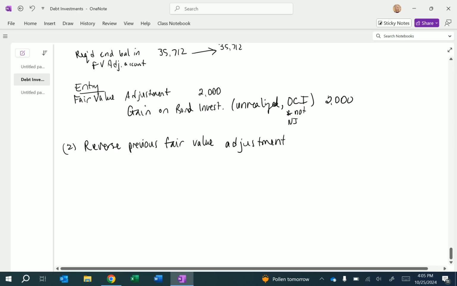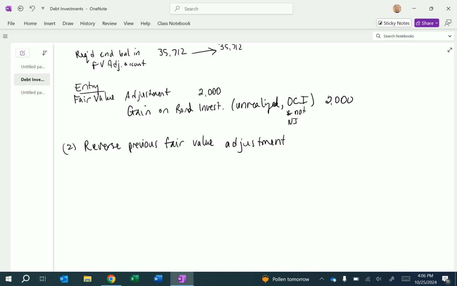Remember, other comprehensive income is just this temporary place to put unrealized gains and losses. Now that we've realized them, we want to take them out of other comprehensive income. The total amount: think about this as the accumulated amount related to this bond investment, the unrealized gains and losses on this bond investment.